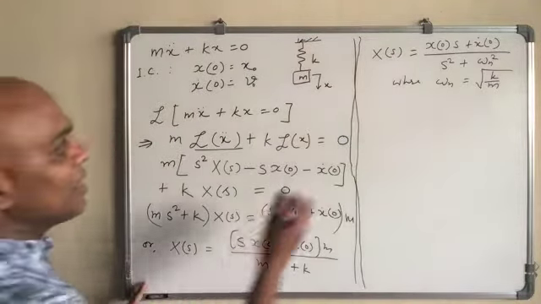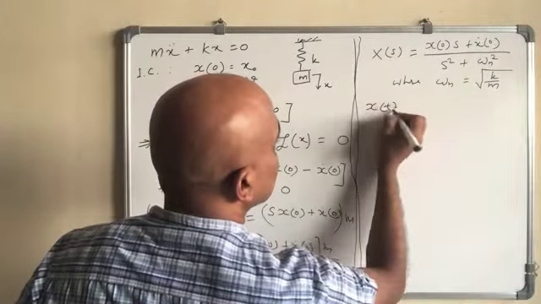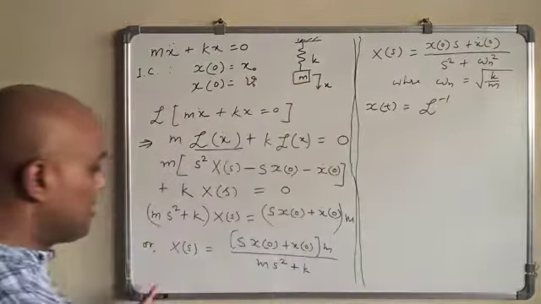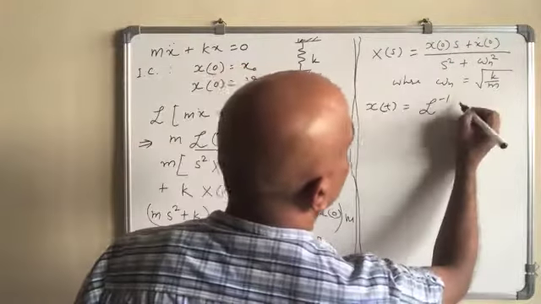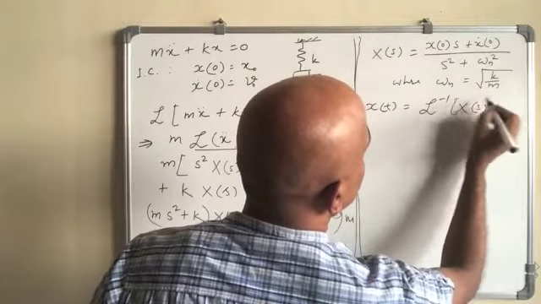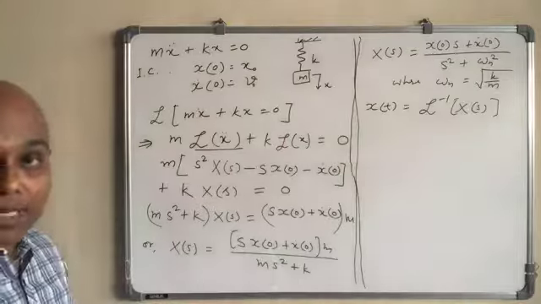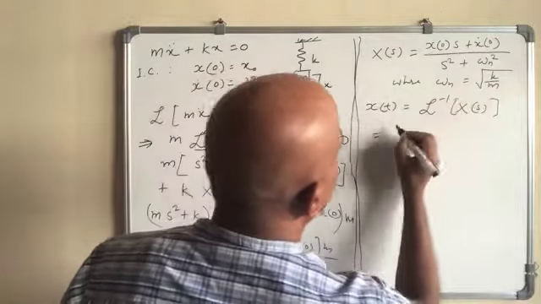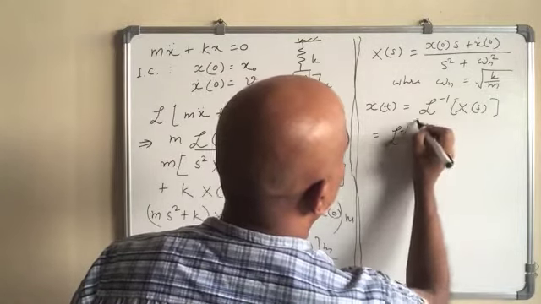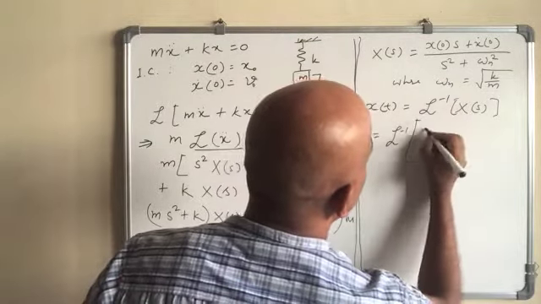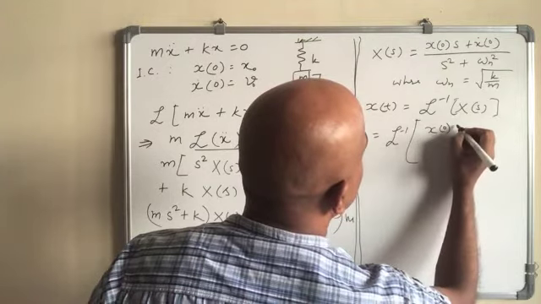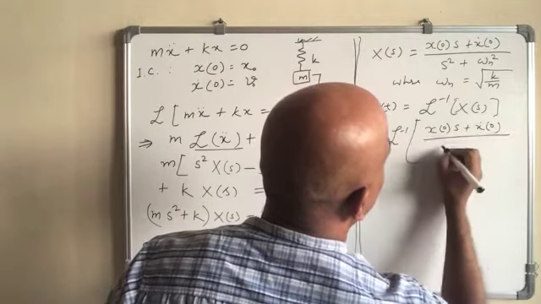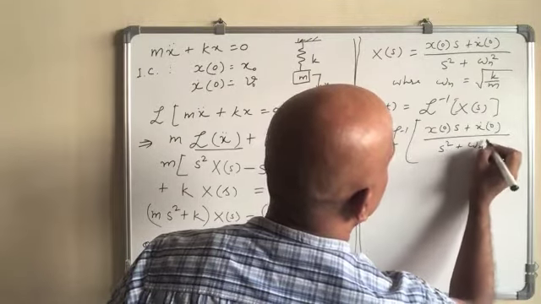Now in order to know x(t), we are going to take the inverse Laplace transform of the whole thing, of X(s). So this becomes x at t equal to 0 multiplied by s, plus x dot at t equal to 0, divided by s square plus omega n square.